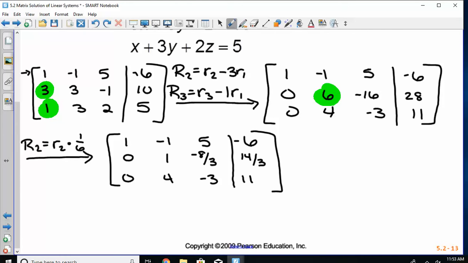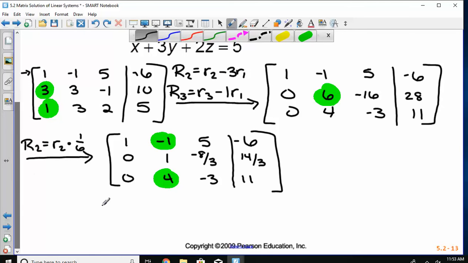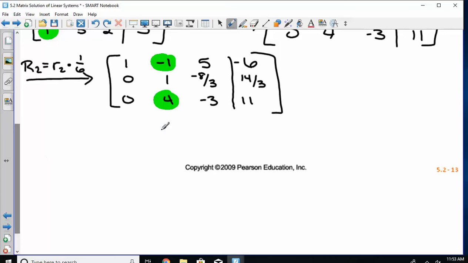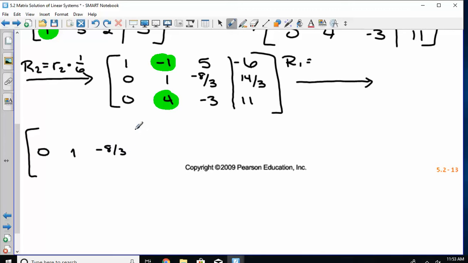What next? We need our zeros. The zeros, if you have multiple rows, you can do it like we did up here and do them both in the same step. So I am not changing my row 2 here. So row 1. Start with row 1.